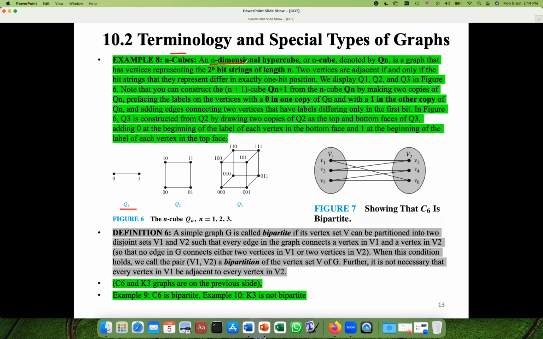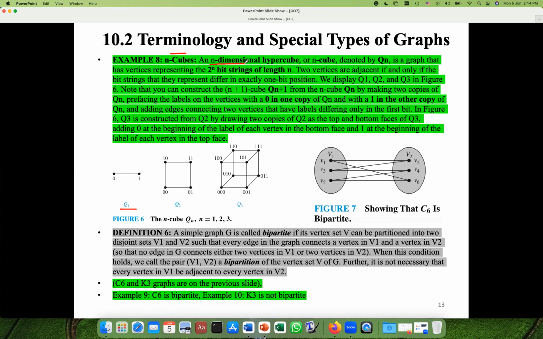So you have to keep 3 to 4 different things in your mind if you want to draw an n cube. The first thing is that it will be based on 2 raised power n bit strings, where n is the length of that string. You can give any value to this n, and then you will know how many vertices there are in that graph.